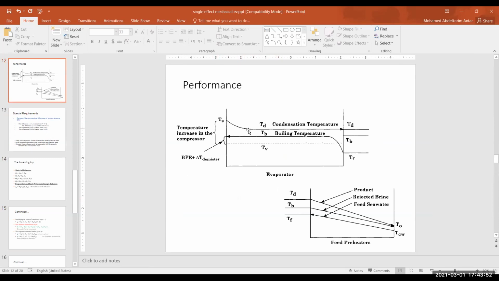There's a loss of sensible energy here, M dot vapor, Cp of the vapor, Ts minus Td, which is the sensible part. And then this part is the latent part, which is M dot distillate multiplied by HFG at Td.